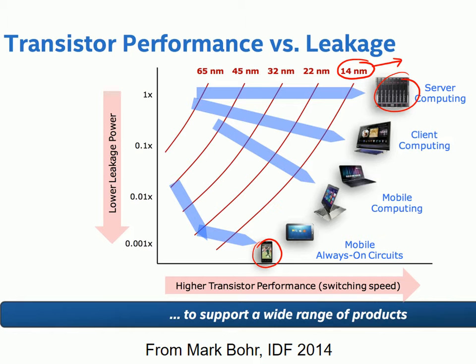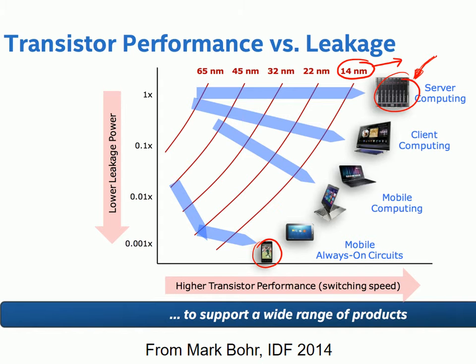For example, in the case of servers, power consumption and leakage power is not actually an issue. You need to have high performance, and in mobile systems as smartphones and so on, you typically need a very low leakage power because battery duration is a real issue.